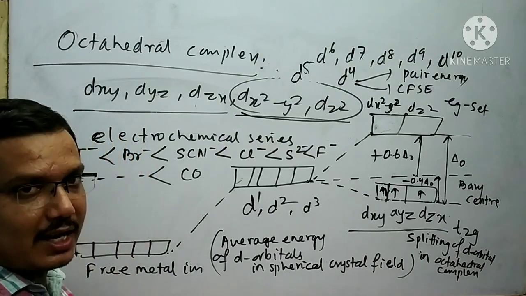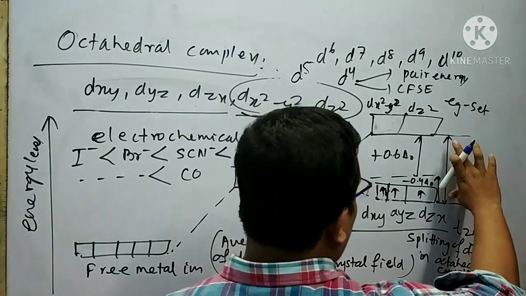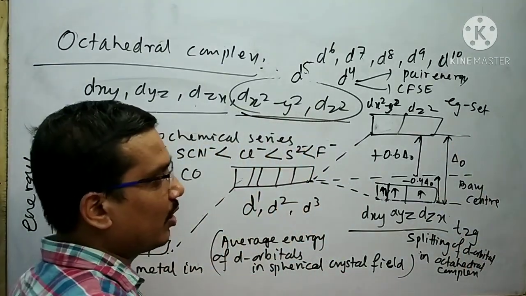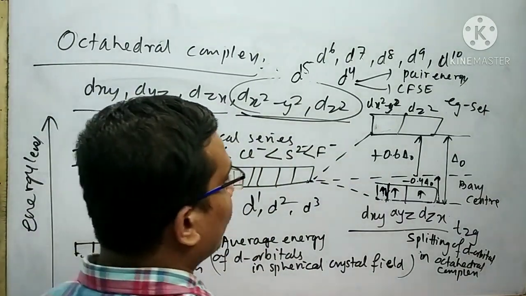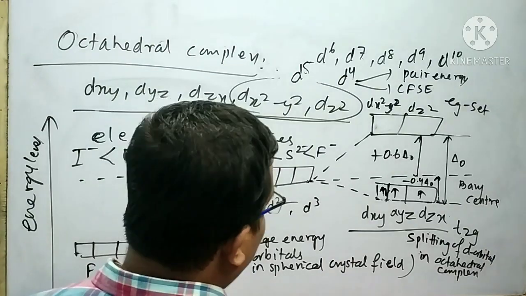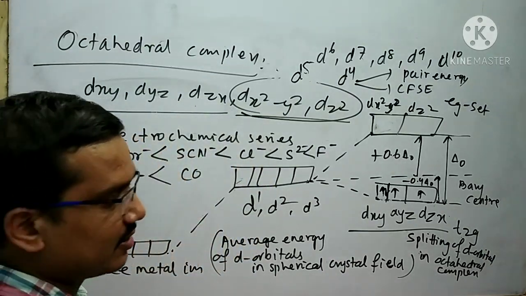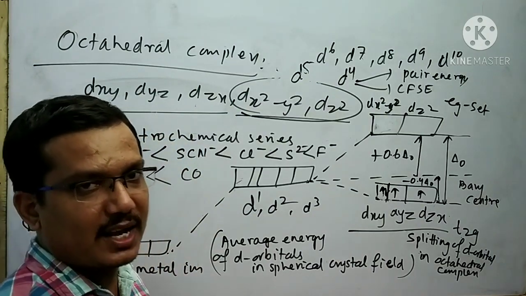If a weak field ligand approaches the central metal atom, then the delta 0 value decreases, and there is a possibility of more unpaired electrons, and the paramagnetic character increases, and the complex is said to be a high spin complex.